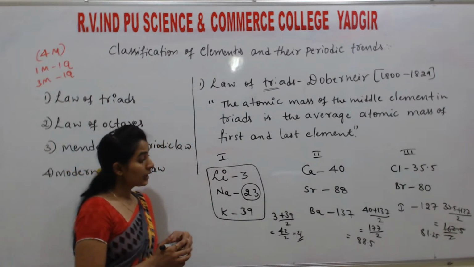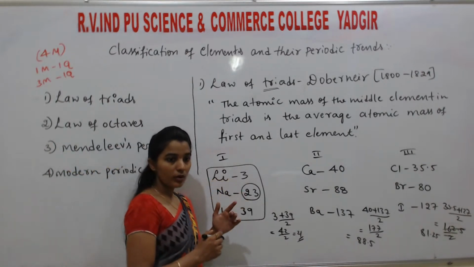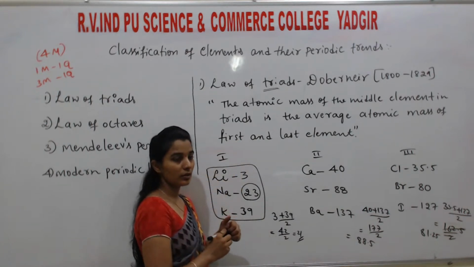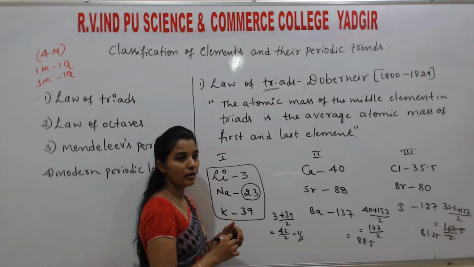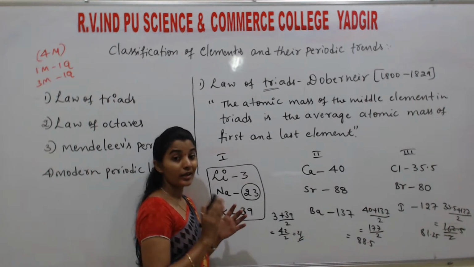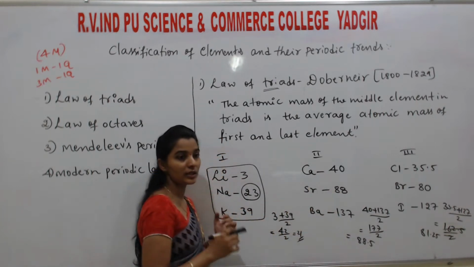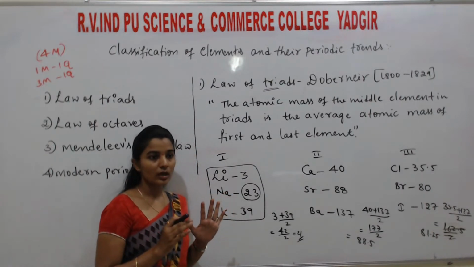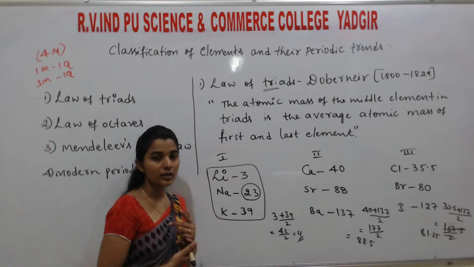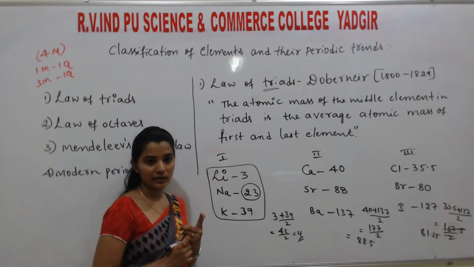So students, as I told you, in this era only 31 elements were known. In that, he successfully explained only sets of 3 elements, that is 9 elements. So 31 minus 9 means nearly 22 elements left.